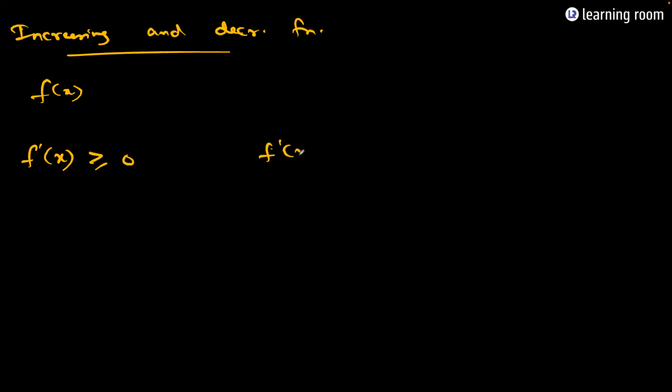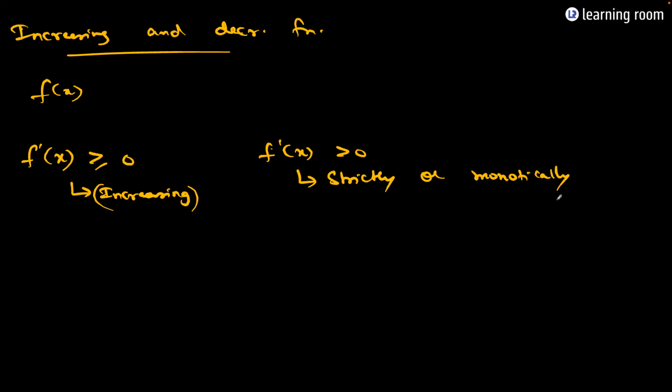As per the textbook, when they use the word increasing, which one will you use? The first one. When are we supposed to use the second one? When they use the word strictly, or, very rarely in CBSE, monotonically.